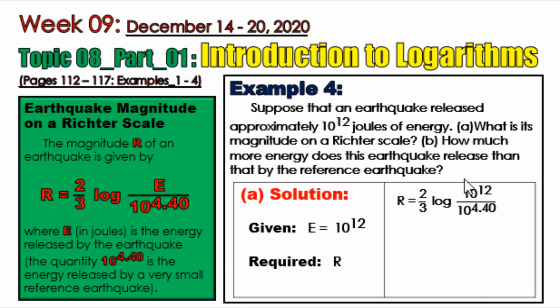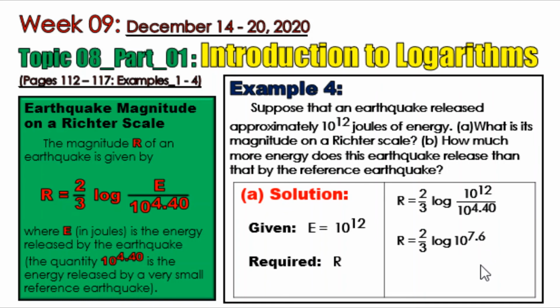In this case, we just subtract the two exponents by applying the laws of exponents. We have the same base, so we subtract the two exponents. So R is equal to 2/3 times the logarithm of 10 raised to 7.6, since 12 minus 4.40 is 7.6.